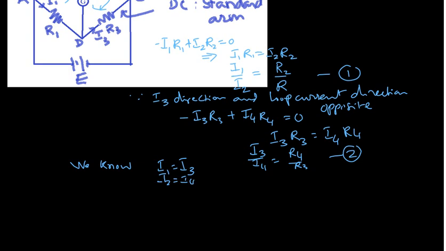So this is our equation 3. Equation 1 and equation 3 have the same left side. I1 by I2 equal to R2 by R1, and I1 by I2 again equal to R4 by R3. So combining 1 and 3, you will get R2 by R1 equal to R4 by R3. So this is the balanced bridge.